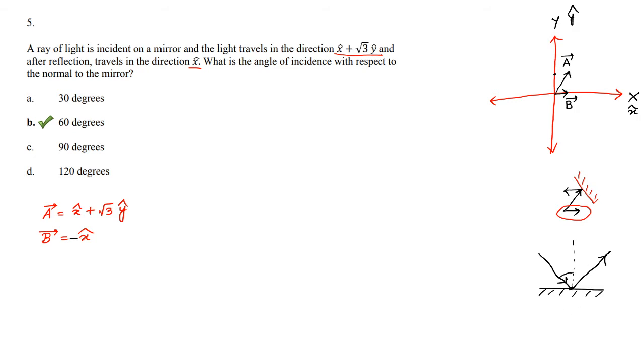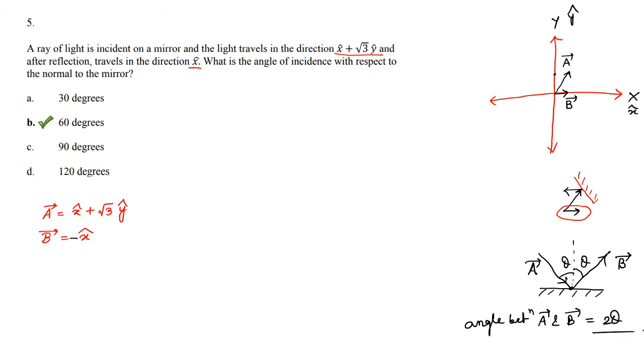This is the angle of incidence, theta, suppose, and I hope you know that from the laws of reflection, the angle of incidence is equal to the angle of reflection. That is, if this angle is theta, then this angle would also be theta. So the angle between A vector and B vector would be 2 theta. Let me write here, angle between A vector and B vector equal 2 theta.